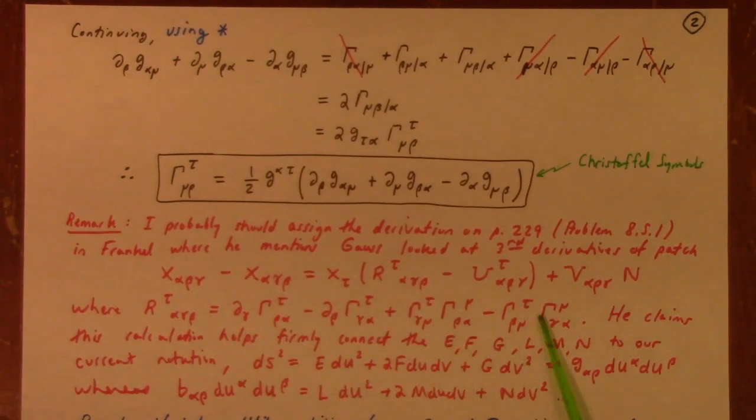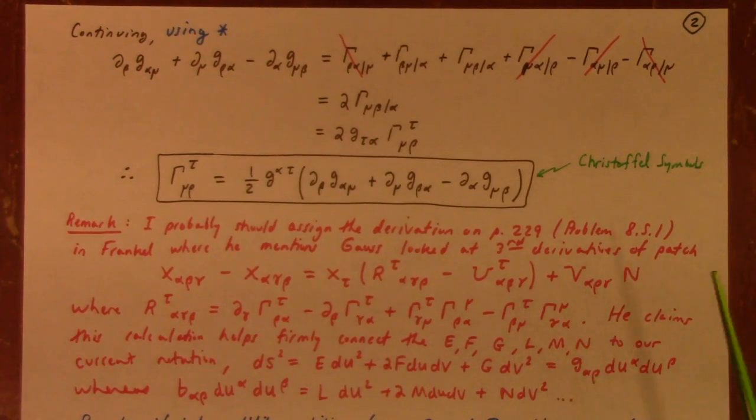That's exactly the same pattern that we'll see for defining the curvature later in this lecture. So anyway, Frankel claims that this calculation helps firmly connect the EFG-LMN to our current notation.